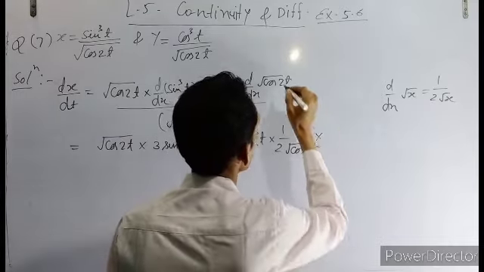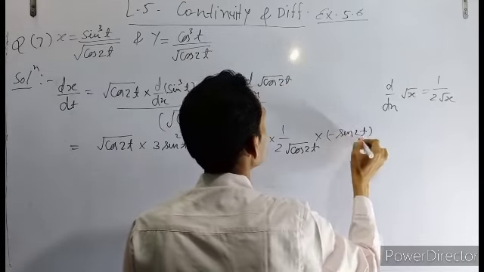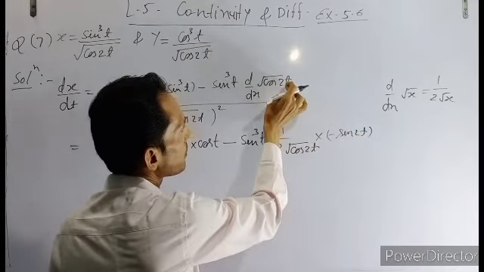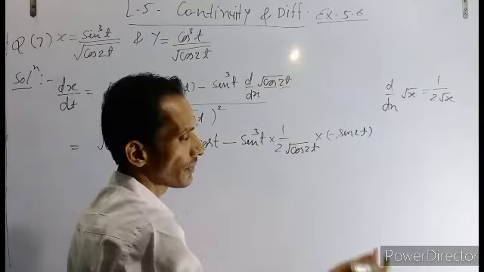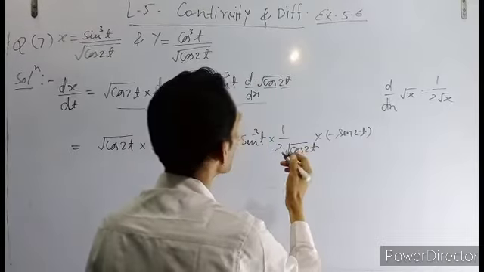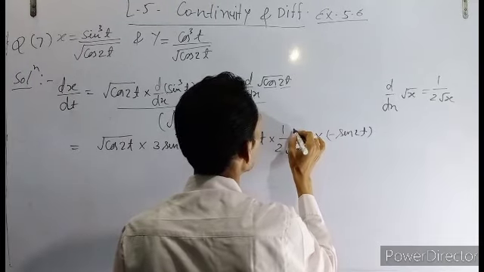The derivative of cos 2t is minus sin 2t, and 2t is also a function, so by chain rule the derivative of 2t is 2.